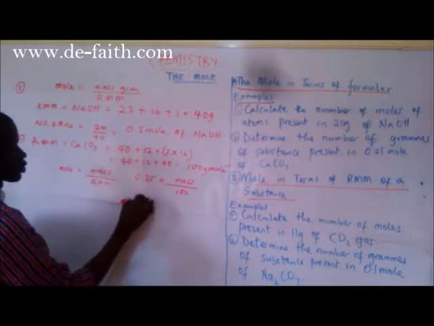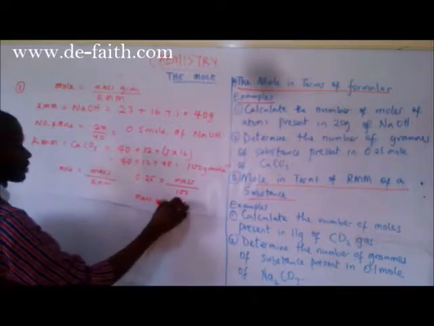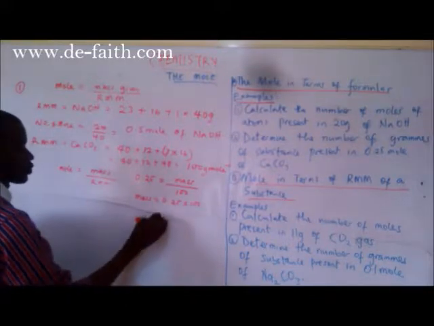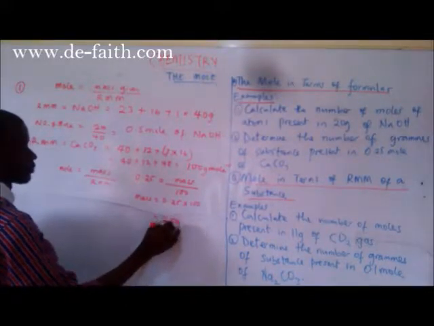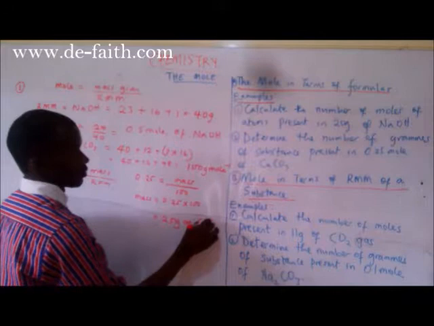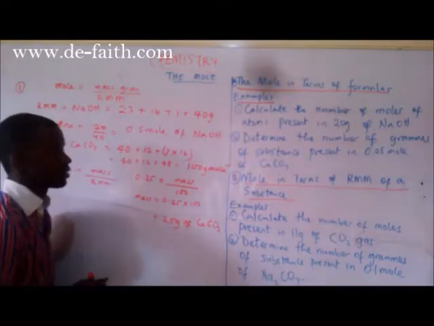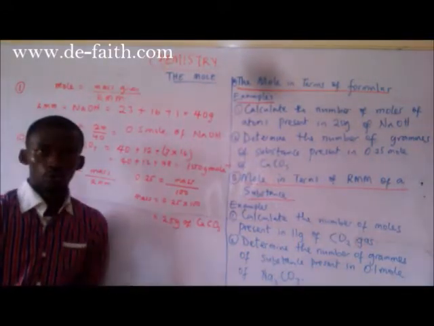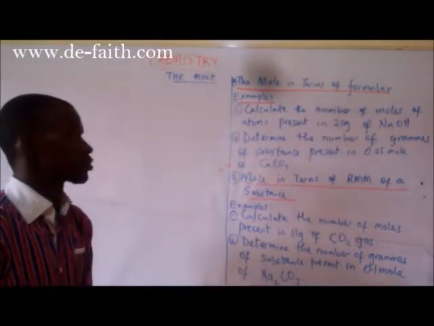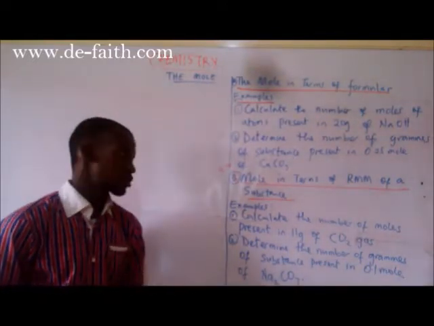So the mass equals 0.25 times 100, and that will give 25 grams of CaCO3 in 0.25 mole.